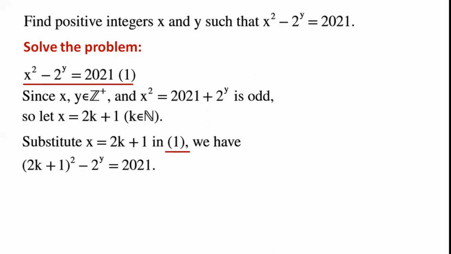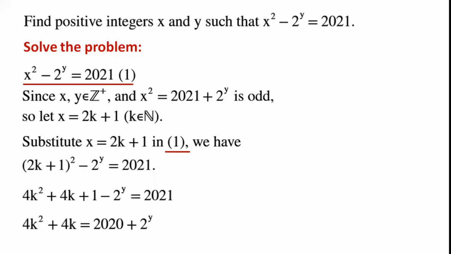We have (2k plus 1) squared minus 2 to the power of y equals 2021. By expanding the perfect square, (2k plus 1) squared, we have 4k squared plus 4k plus 1.